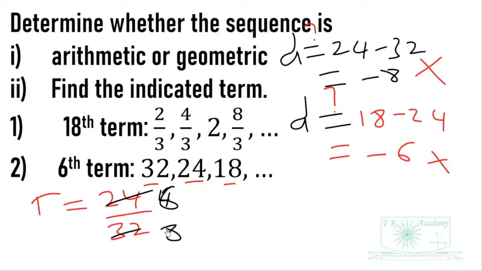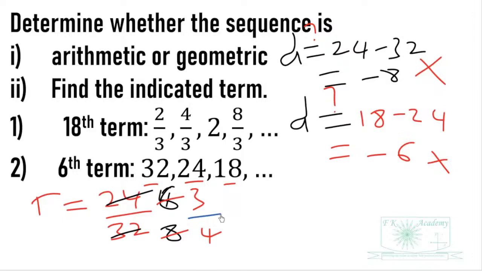Then again 2 can go into 6 3 times, and it can go into 8 4 times. So the ratio is something like 3 over 4.